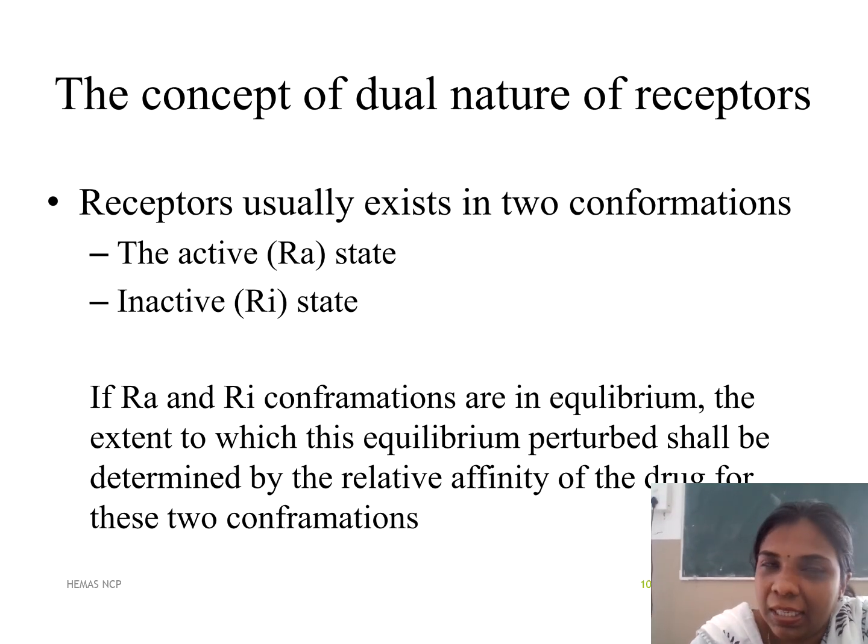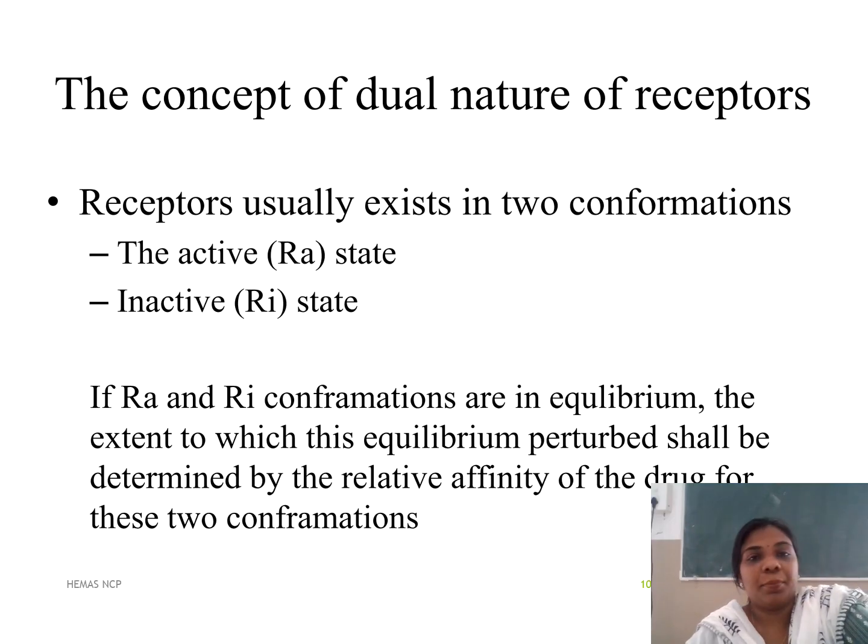For example, atropine, propranolol, naloxone, etc. Next, an inverse agonist has a higher affinity for RI, stabilizes the inactive state and shifts the equilibrium toward inactivation, RA to RI, resulting in reduced basal receptor activity. For example, some antihistamines, beta carbolines, etc.